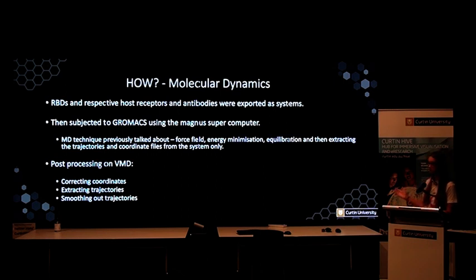All the MD components that I talked about in the previous slide were incorporated into this, and then I processed it in VMD just to correct the coordinates because they move around sometimes in GROMACS, and then I extracted the trajectories, isolated them from their solvents, and smoothed out the trajectories to make it a little bit more visually appealing.